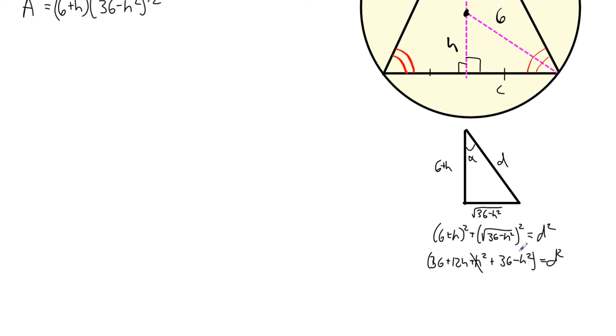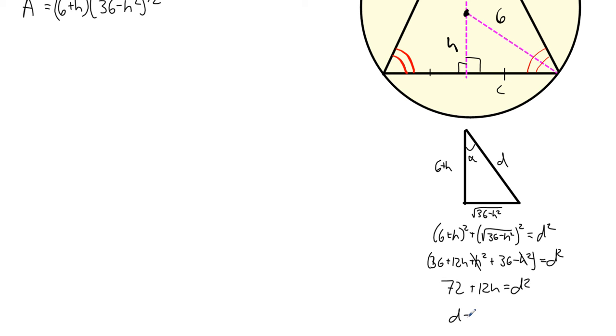And so my h squared terms cancel here, and I'll have 36 plus 12h, oops, I screwed that up. 36 and 36 is 72, plus 12h, equal to d squared.